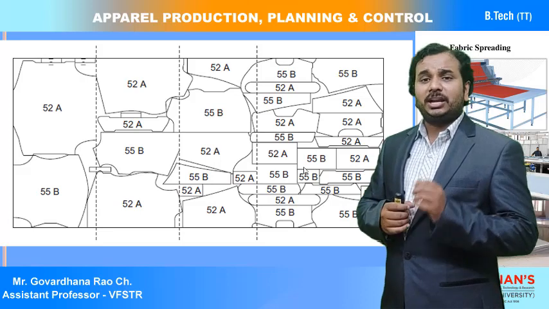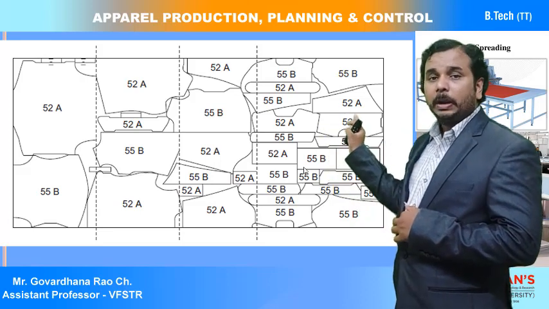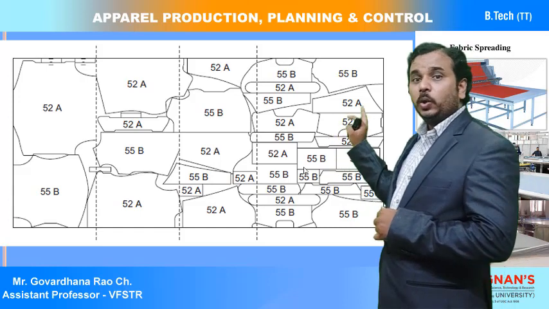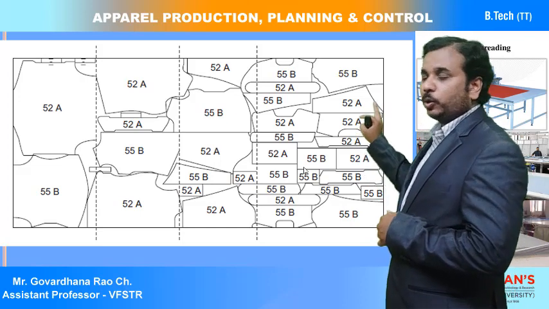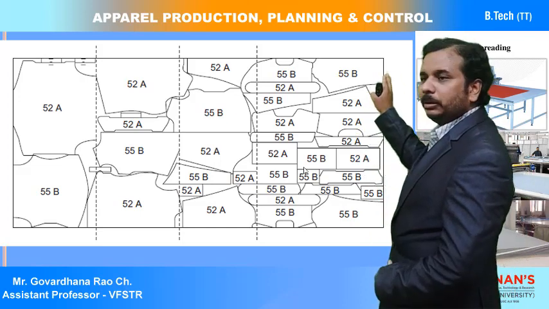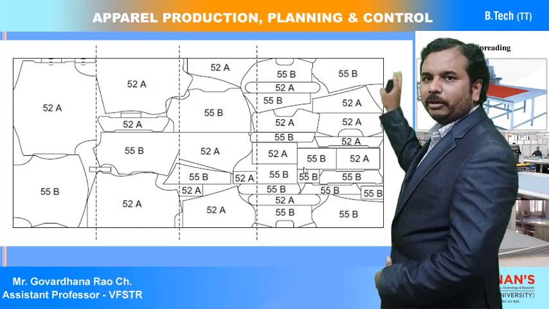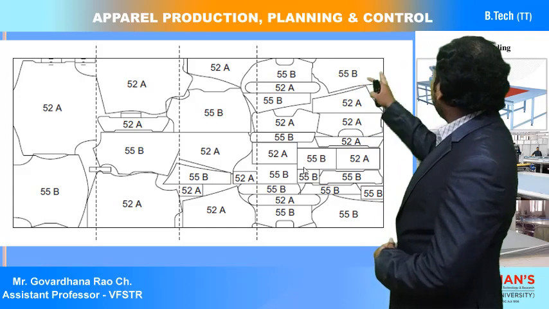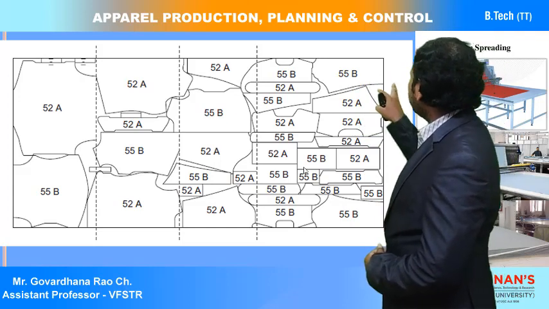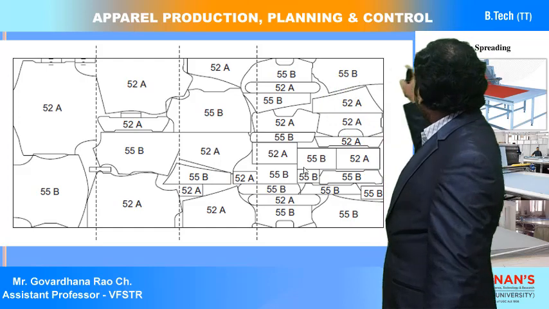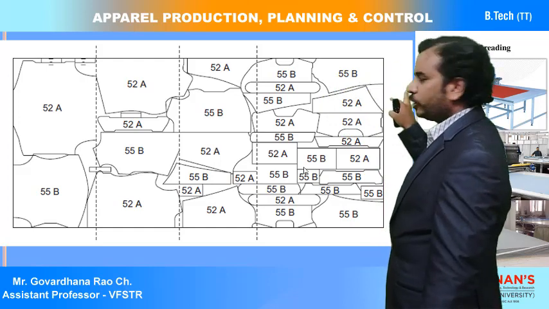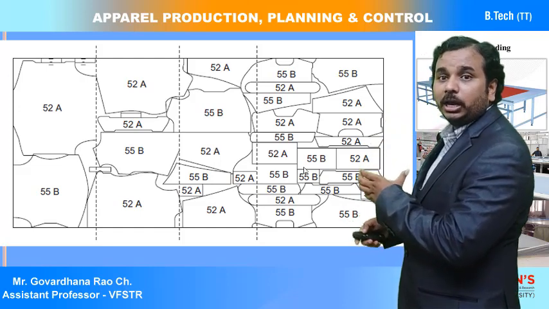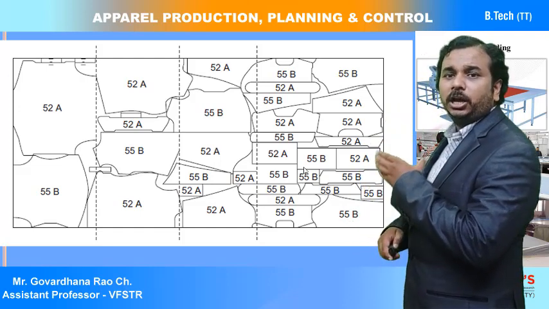In the image only one was shown, but the splice points are actually necessary wherever a pattern is ending and a new pattern starts. The old pattern is here, and a new pattern starts from here onwards. So for the end of the old pattern and the start of the new pattern, both places require a splice mark or splice point.